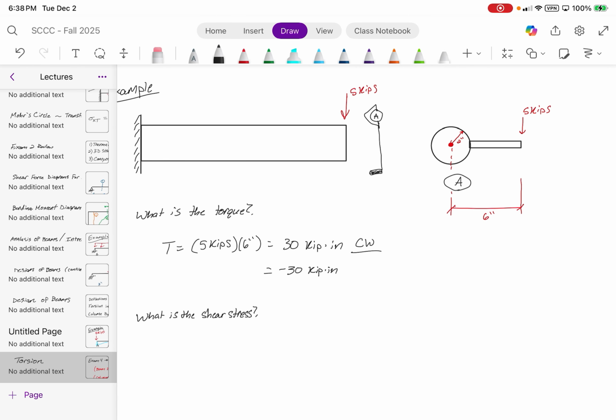What is the shear stress in the circular rod, I should add? I'll give you guys a few minutes.